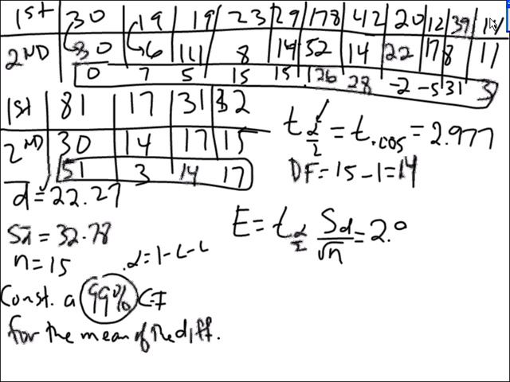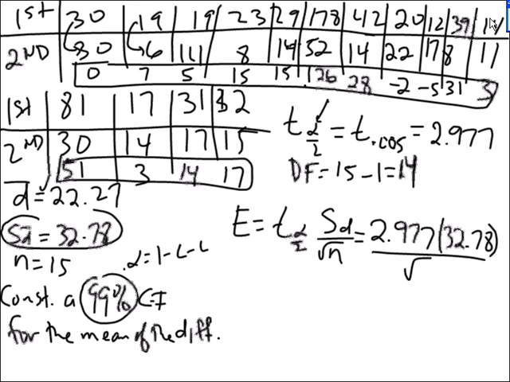We have t alpha over 2, we have s sub d, 32.78, and we divide this by the square root of n, where n is 15. We crank this through with our trusted calculator, and like magic, we get 25.2.